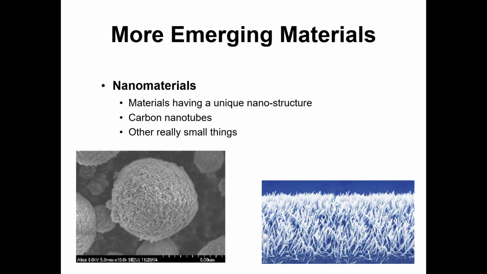So another category of these new materials is nanomaterials. It turns out that when you can control how things are shaped at the very, very small scale, you start getting unique properties. The picture on the left here is a part of a battery structure that I think Altair Nano was making.